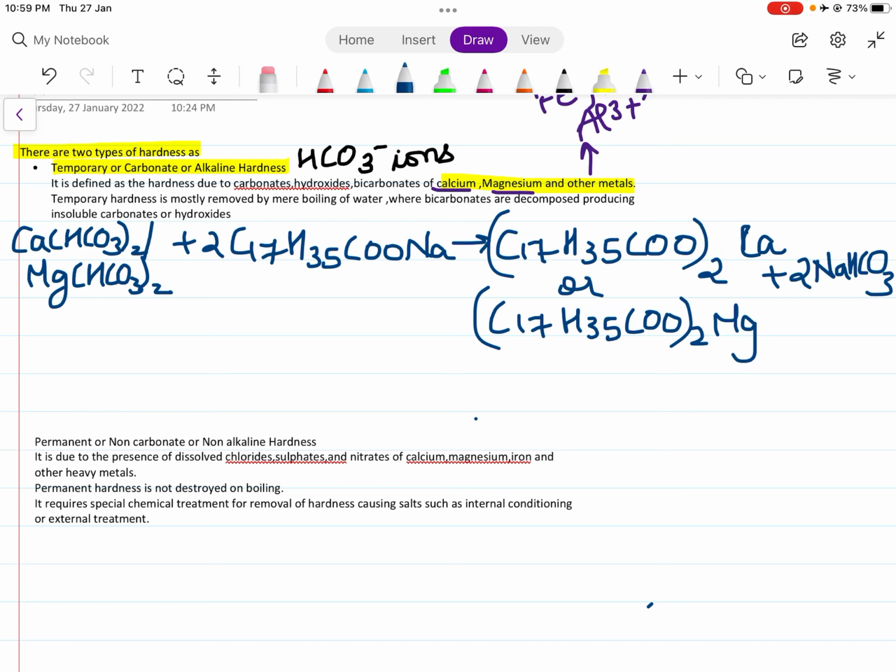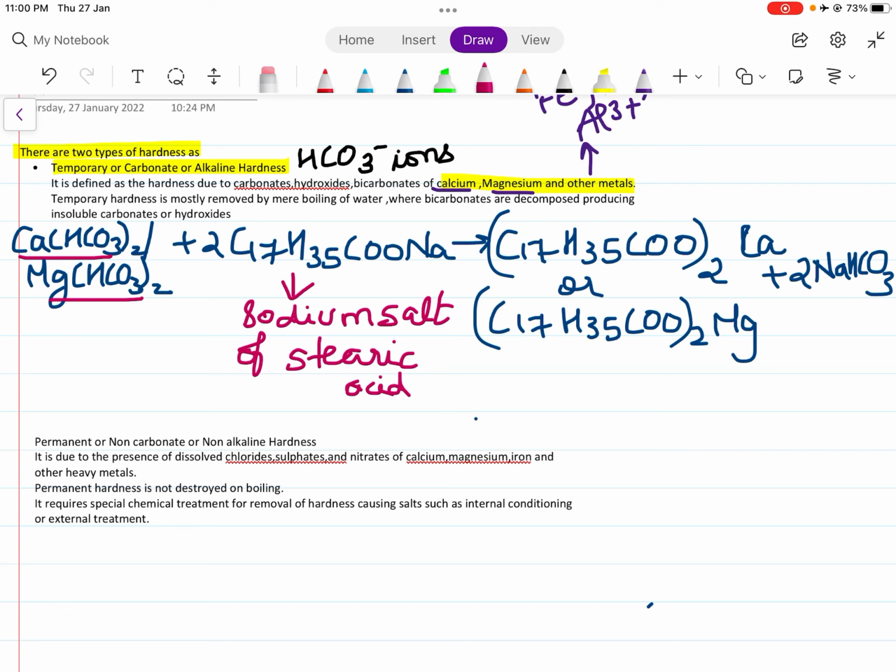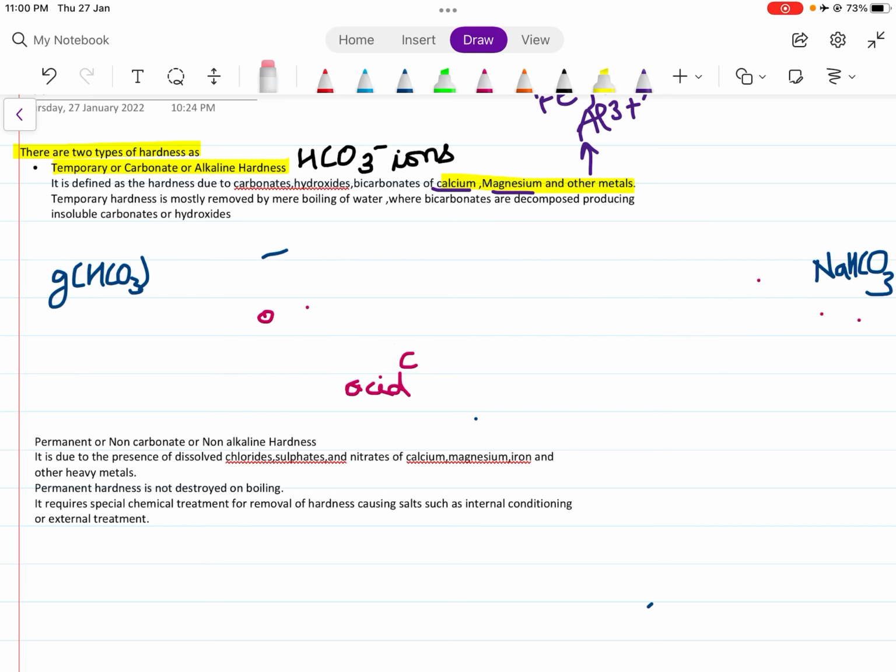Clear? So when calcium bicarbonate or magnesium bicarbonate reacts with sodium stearate, we get calcium stearate plus sodium bicarbonate or magnesium stearate plus sodium bicarbonate. This is the reaction.